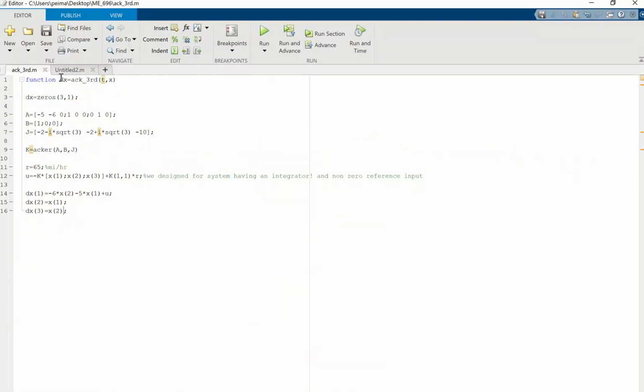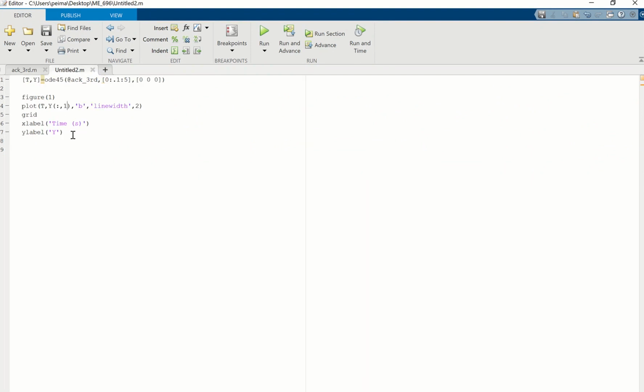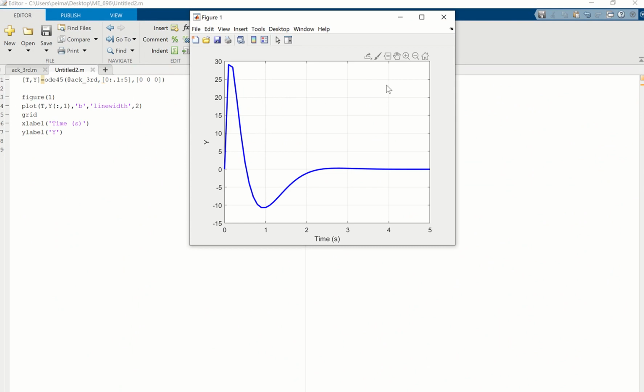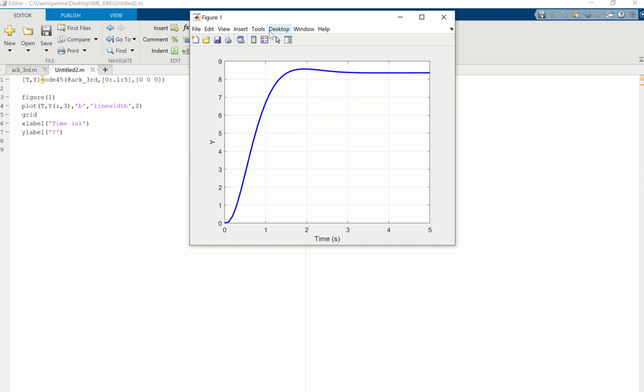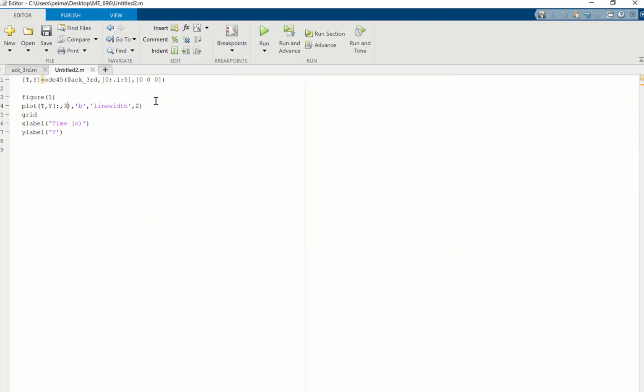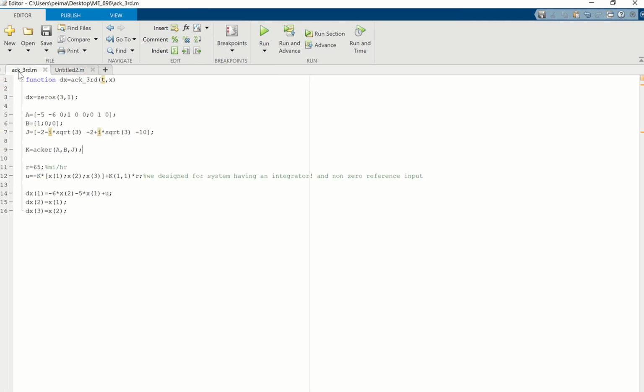Now if I plot it, let me close this. What do you expect to see? Oh, because everything is flipped, here you have to plot x3 to give you the reference input. You know what I mean? So this is another issue that you have to know about.